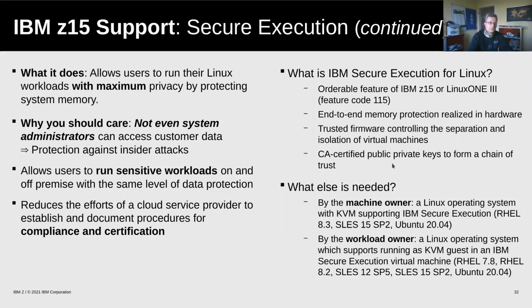So you will have to actually create your own guest images, which have to be signed so they can run on secure execution. As a machine owner, you need to run any of these distribution levels as depicted here. As a workload owner, requirements for Linux distributions are a little bit relaxed, so you do not need as recent Linux levels. But that's what you need.